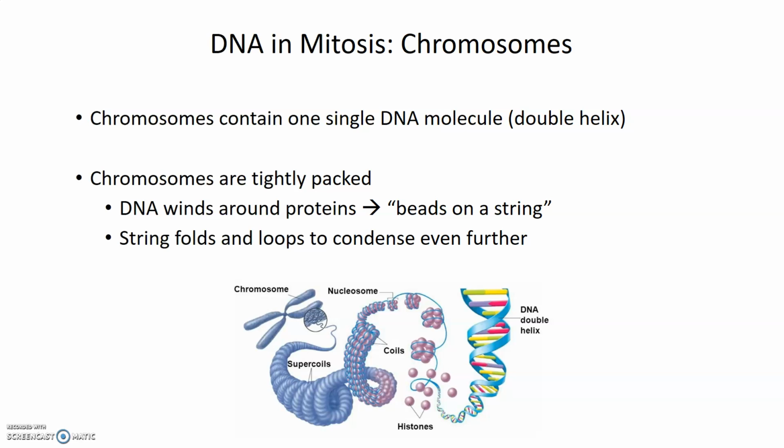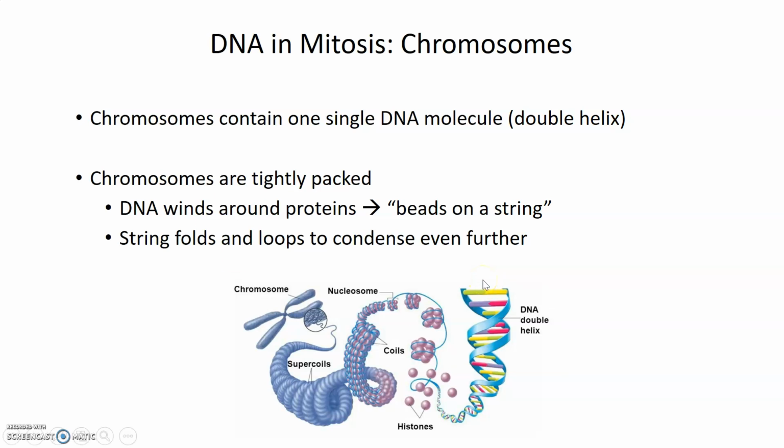And just a brief review on chromosomes and DNA before we talk about mitosis. So chromosomes are one single molecule of DNA in a double helix form. And what chromosomes are basically is just tightly packed DNA. It's a way to take the 6 feet of DNA that are in every cell and make it more compact, easier to transport, and easier to divide into two new cells.